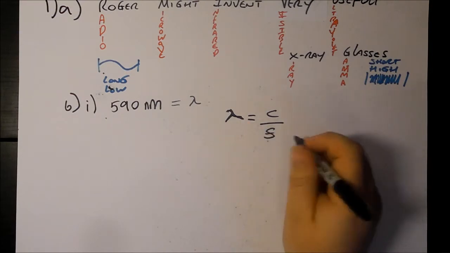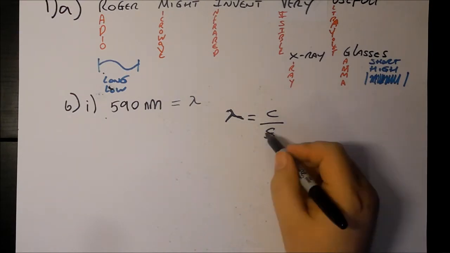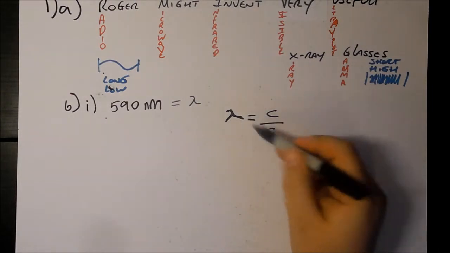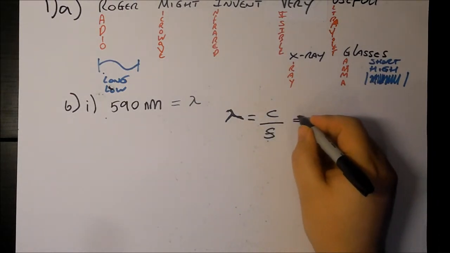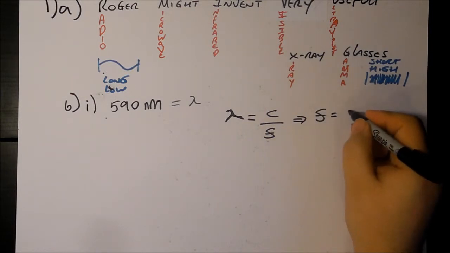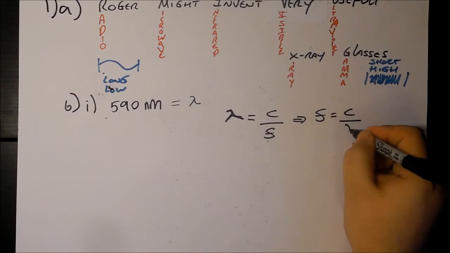Now we want to rearrange like this because we've got wavelength, we want frequency, and our algebra says we can just move this up to there and that down to there, so we will move it about and we will get that frequency is equal to the speed of light divided by wavelength.